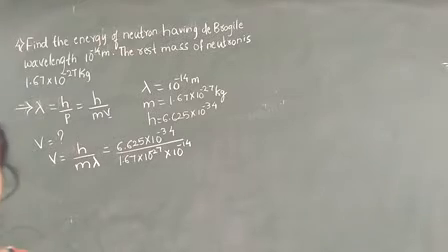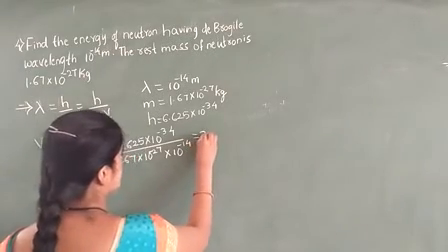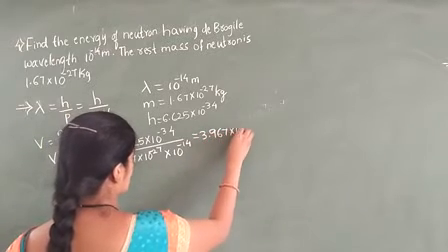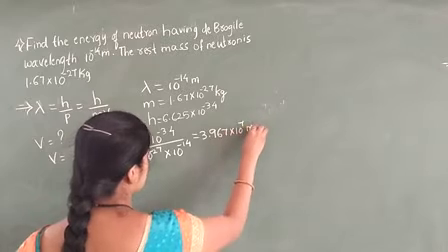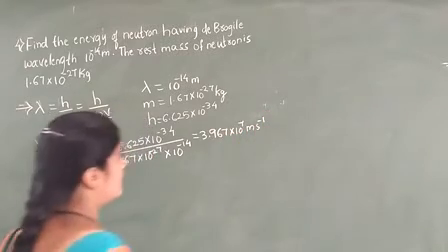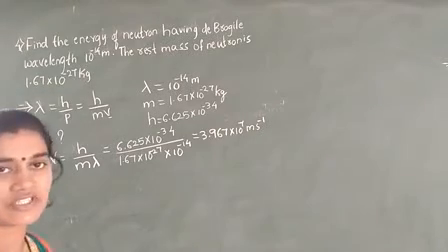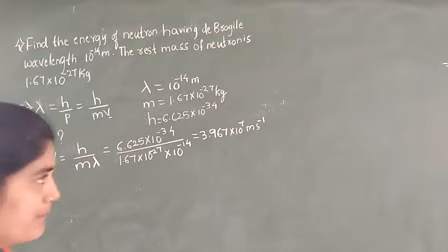The calculation part of the velocity v, we are getting the answer as 3.967 into 10 raised to 7 meter per second. Therefore we have found the velocity. V is equal to 3.967 into 10 raised to 7 meter per second.